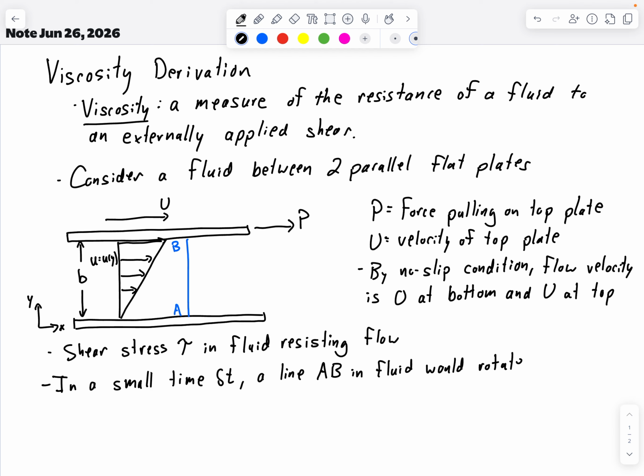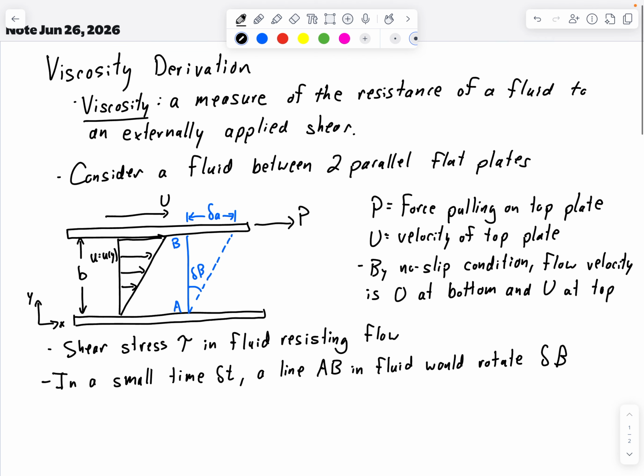The top end of that line will move to the right, and the bottom part of the line will stay exactly where it is. So we'll rotate some angle, which we'll call delta beta, and we can draw that here, and make that angle look large just to accentuate it. And so we'll have some rotation of the fluid at an angle of delta beta. That means at the top surface, the top fluid will move some distance, which we'll call delta A.